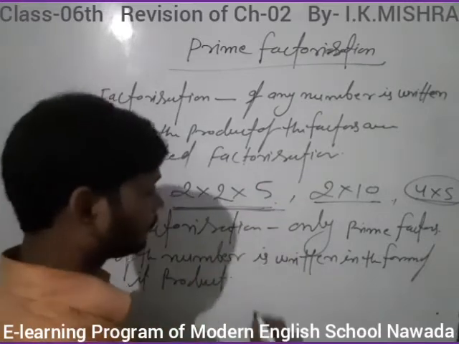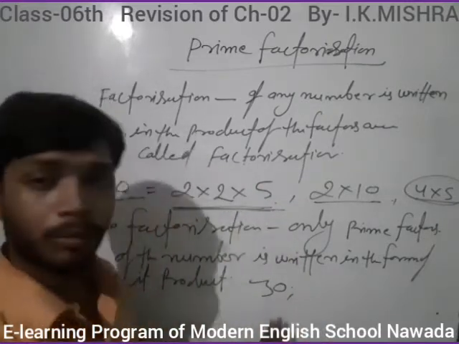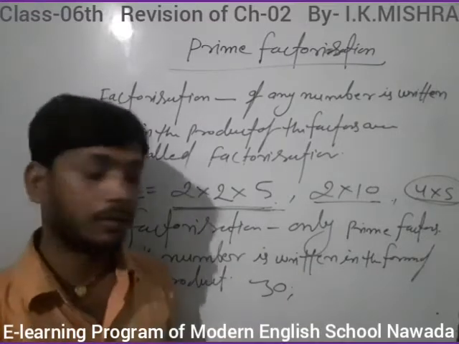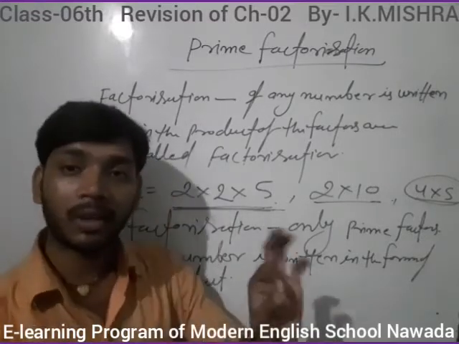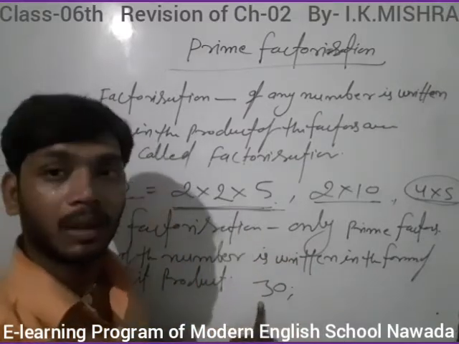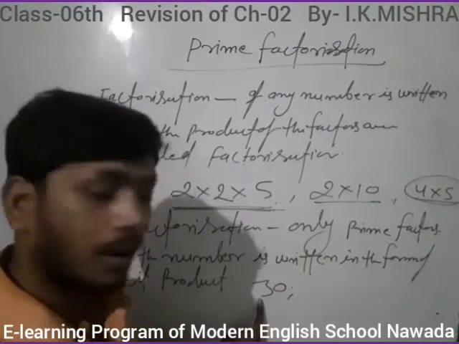Suppose here I write 30, and you have to do prime factorization. That means first of all, divide by the smallest prime number. Here it will be divisible by 2. 2 is a prime number, so a factor is 2.